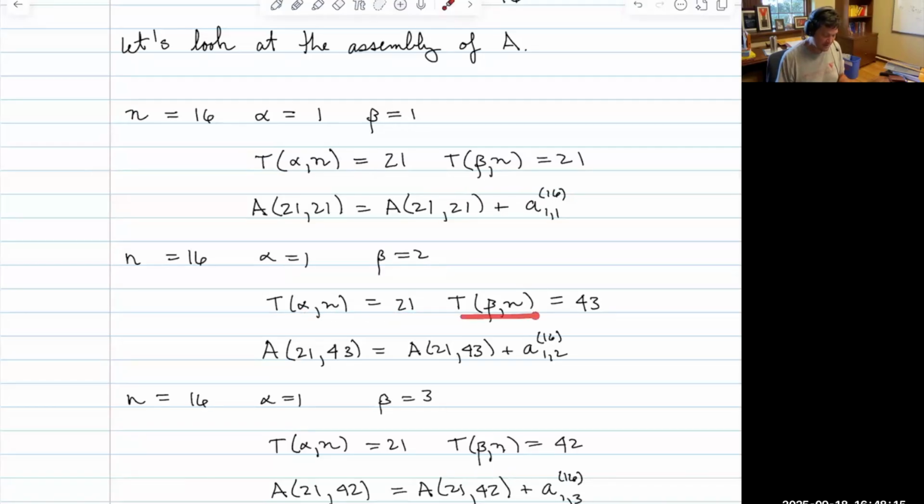And this global degree of freedom associated to beta equals 2 and n equals 16 is going to be 43. So we're going to be updating entry 21,43. We're going to use whatever was previously in there for 21,43, and we're adding on this local stiffness matrix entry A1,2,16. What is A21,43?